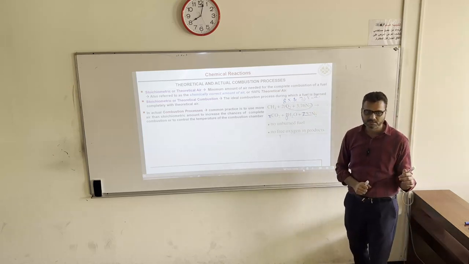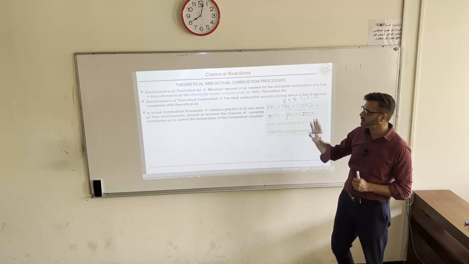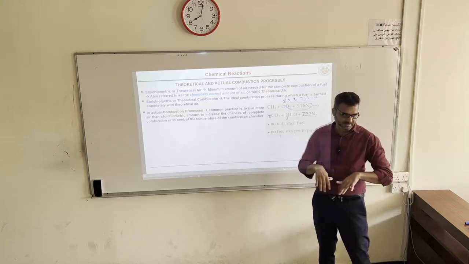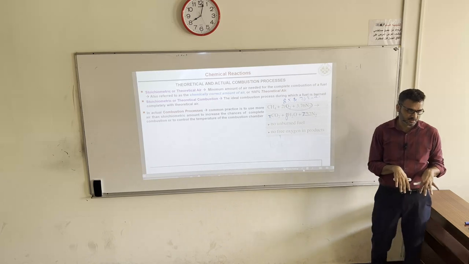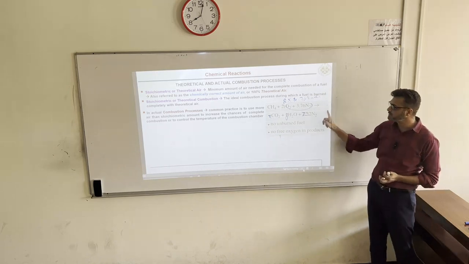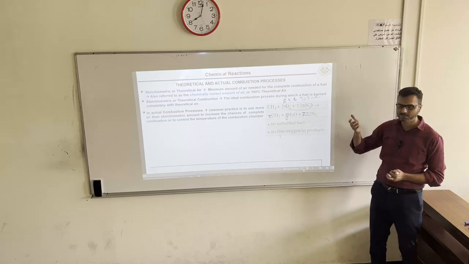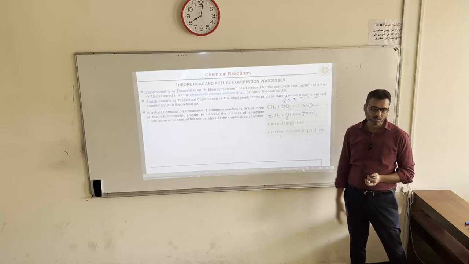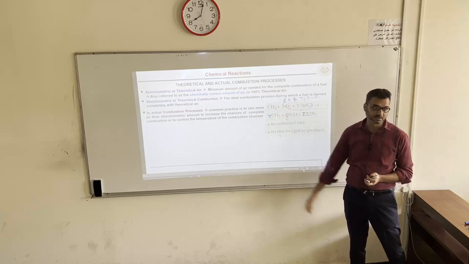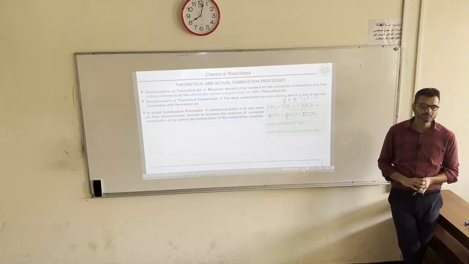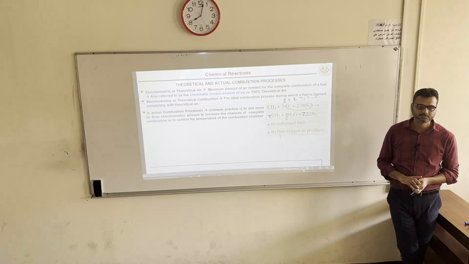You will always ensure a little higher, not less. Less means deficiency of air, which will most probably result in CO, a poisonous gas. So to avoid this, you always send more air than stoichiometric or theoretical air.